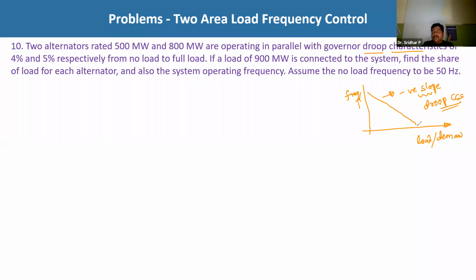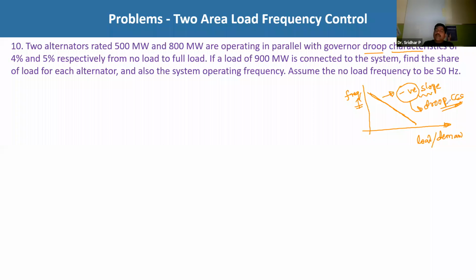With this basic knowledge, for different values of the loads and the associated frequencies, if you are plotting, almost all the relations look like this. So it is very clear that this relation is having a negative slope. The negative slope is called the droop. Now this droop exists between two different parameters, that is the frequency and the load. So this is called a characteristics.